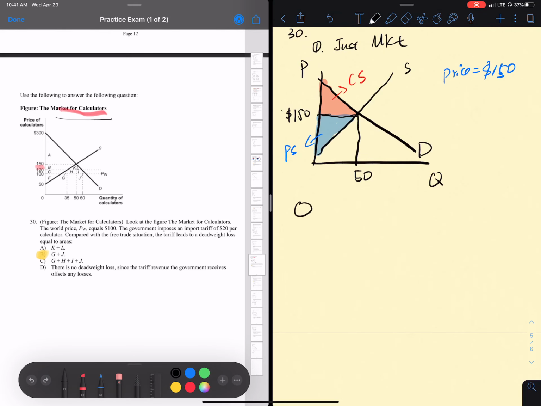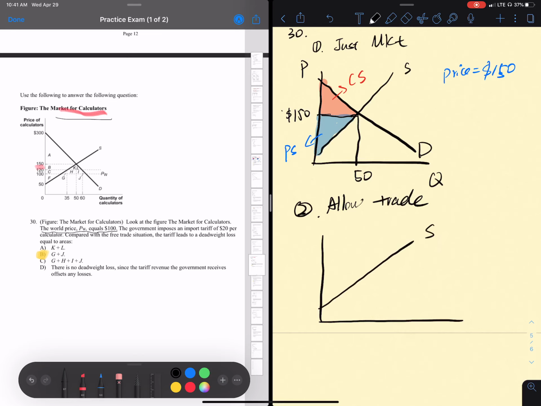Okay, and the second one. Now we have the world price. The government opened the door and they allow trade.